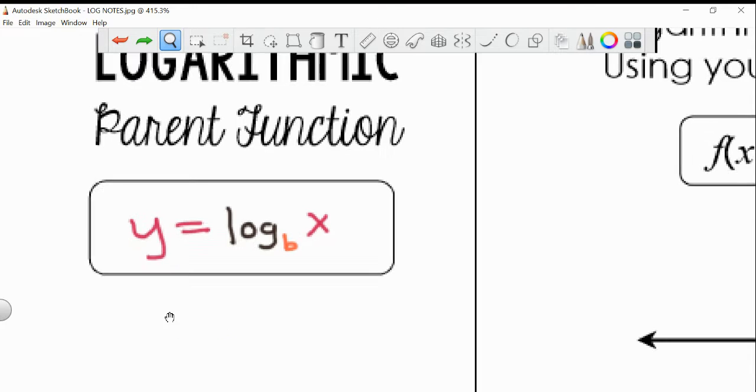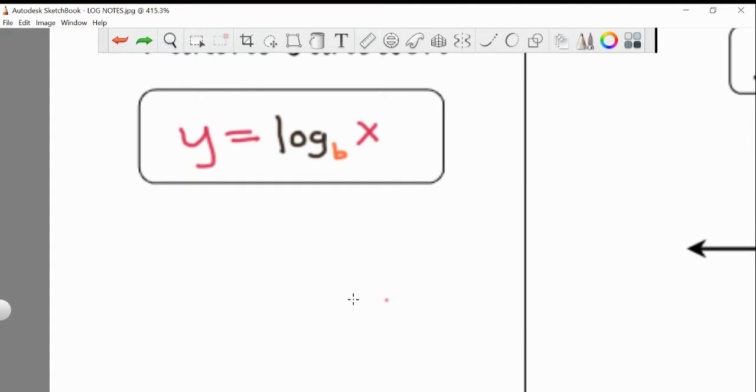So right below this, I'm going to give you guys the extended, transformation version. We might have it look like this: y equals the log of b, parentheses, x plus h, plus k.